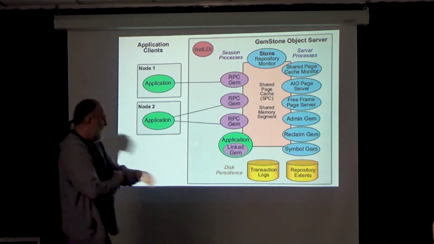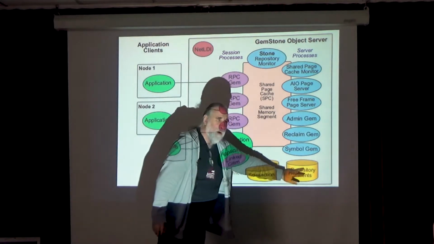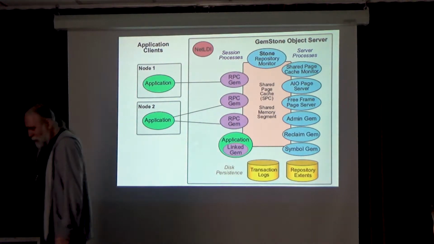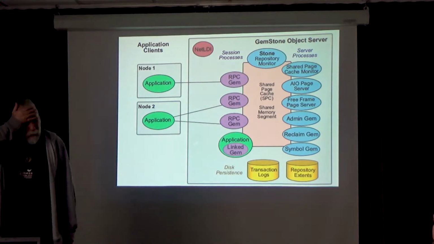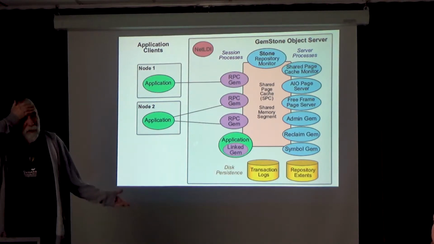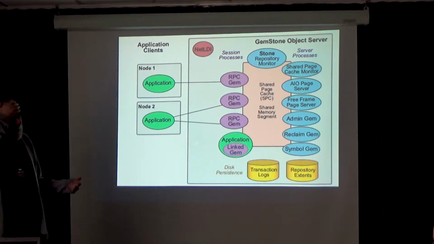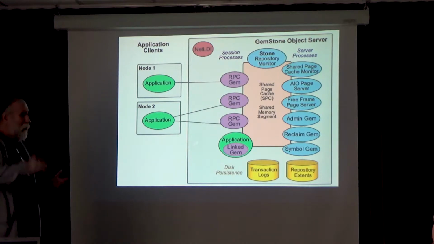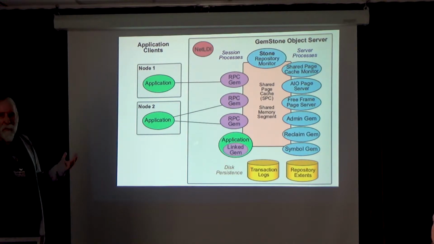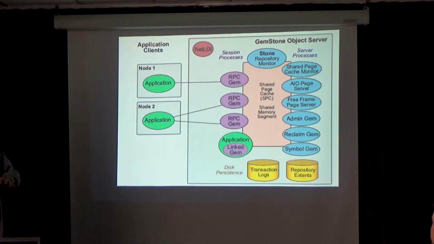We have extents where the image files are stored, and I think the design limit is 750 terabytes. But we have customers that are running at 1.5 terabytes image sizes. So very large Smalltalk object graphs, very large Smalltalk repositories.